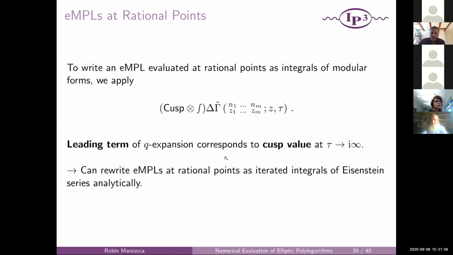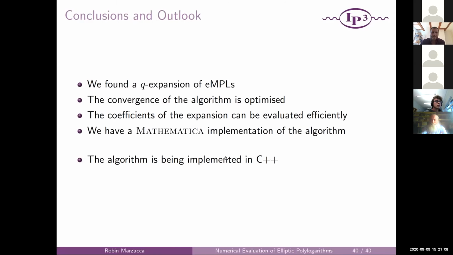So this would be the algorithm. We've found a Q expansion of EMPLs. The convergence of the algorithm is optimized to some degree at least. I don't know if there are any other things you can play with there, but at least mapping tau to the fundamental domain optimizes the convergence in some way.